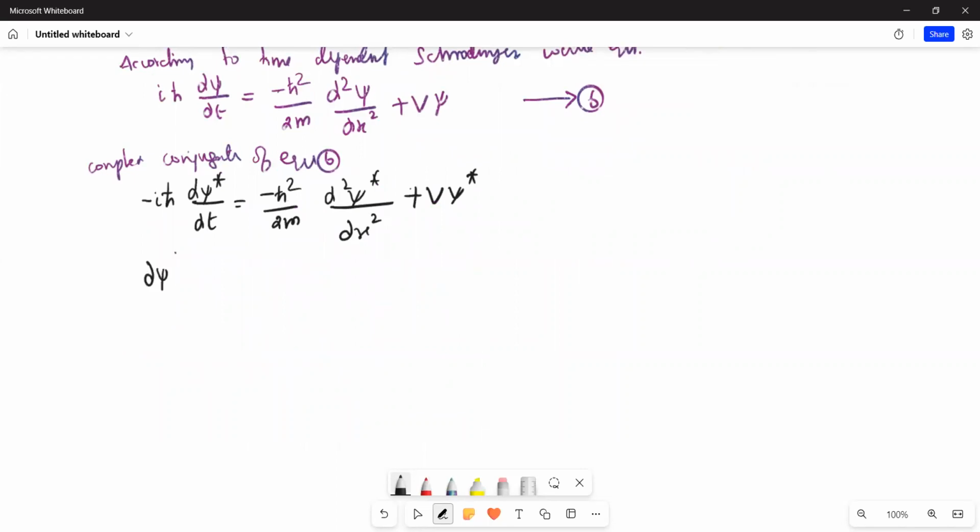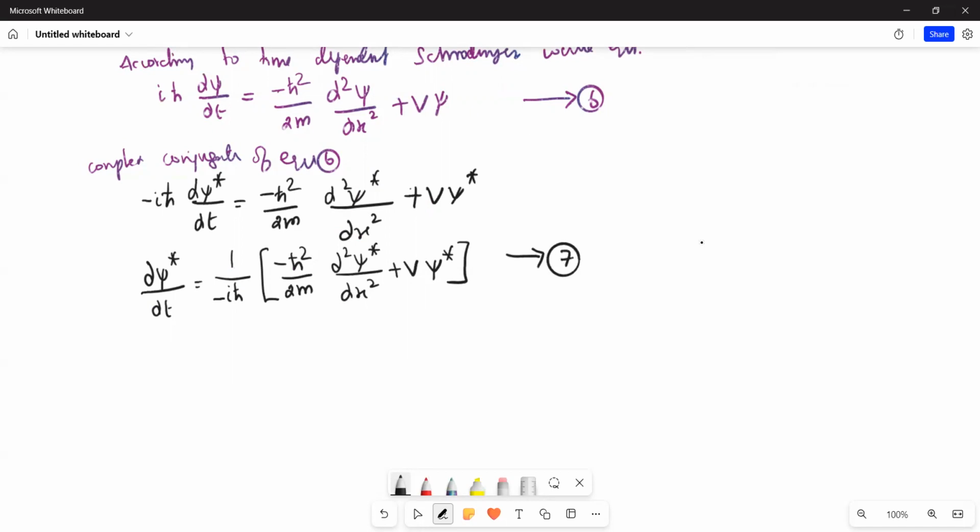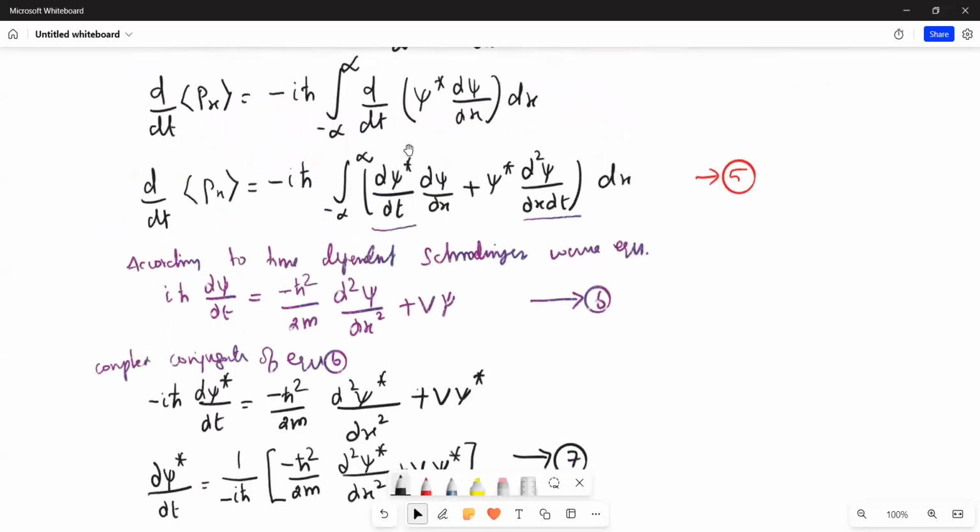So dou psi star by dou t, that is nothing but 1 by minus i h cross, bracket, this term, h cross square by 2m dou square psi star by dou x square plus V psi star. Consider that this is equation number 7. Now we got the result for this one.